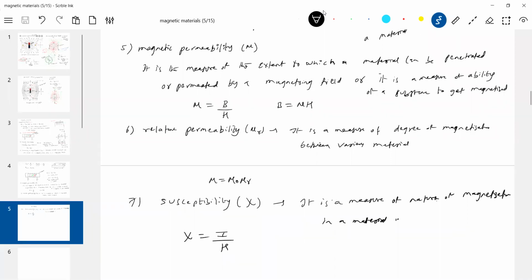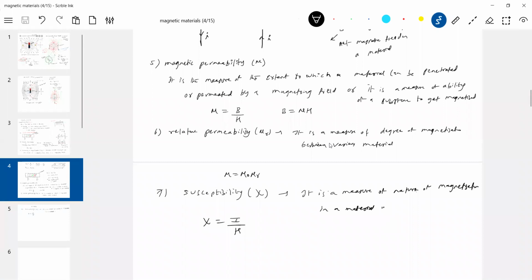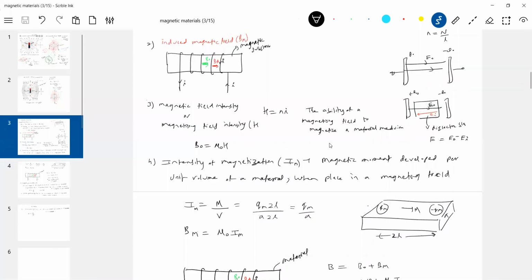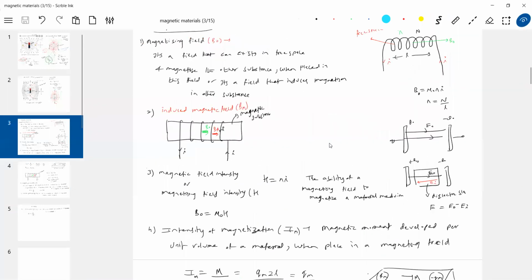I think now we are in a better position. So I'll just summarize so that it will be easy for the coming concept. There's a field produced by a solenoid, and it can exist in free space, no? Magnetizing field, which will induce magnetism in other substances. How much magnetizing field intensity?